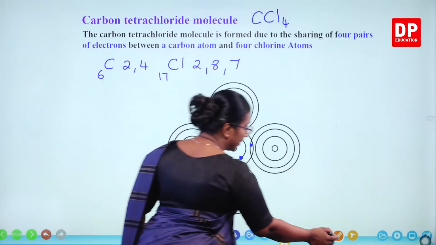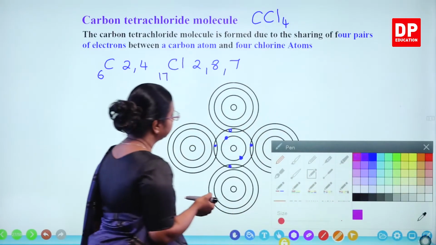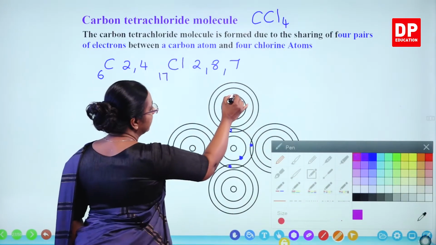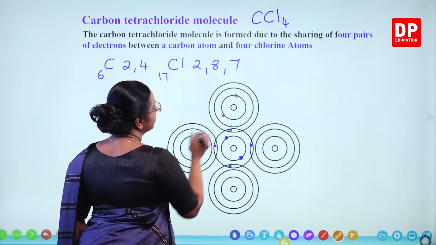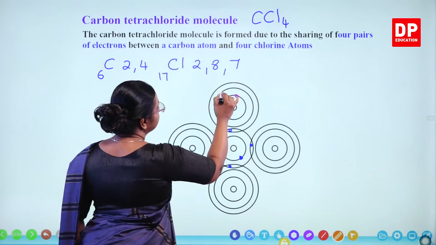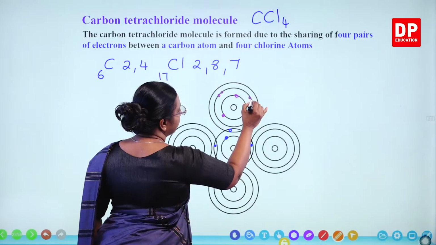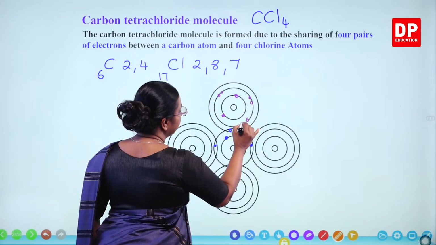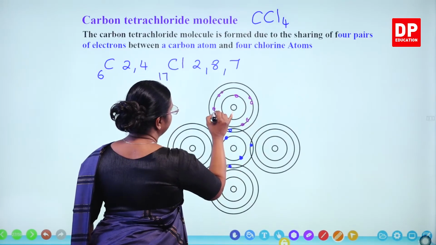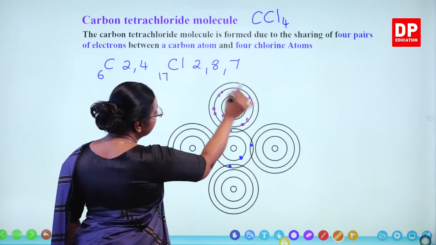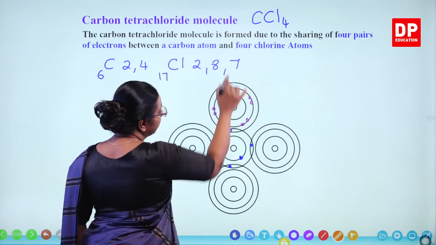Then we will fill up the electrons of chlorine. So chlorine again, in the first shell, it has 2 electrons. In the second shell, it has 8 electrons. And in the last shell, there were 7 electrons.